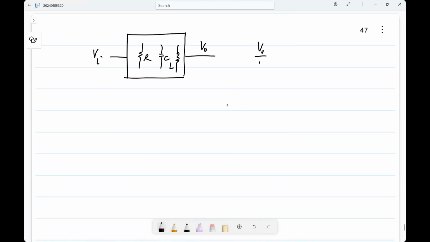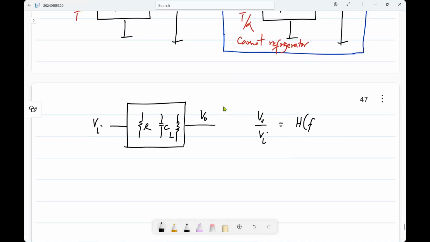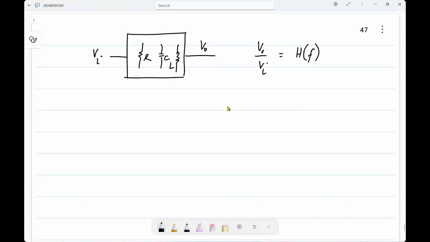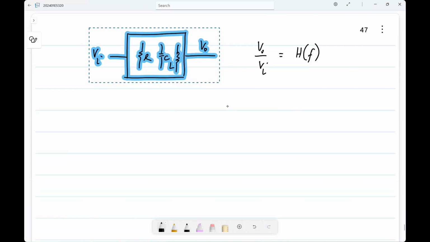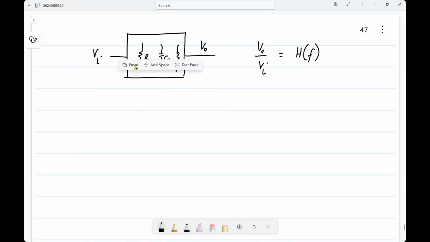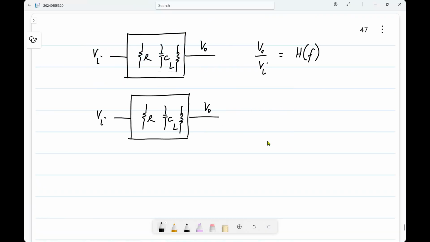So let's say V naught by Vi is some transfer function. Now if you do R by alpha, alpha C, L by alpha, then the transfer function remains the same, only the noise is changed.